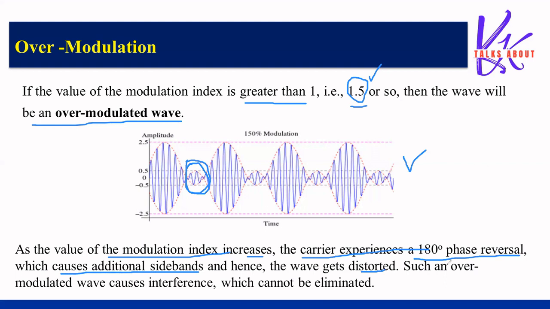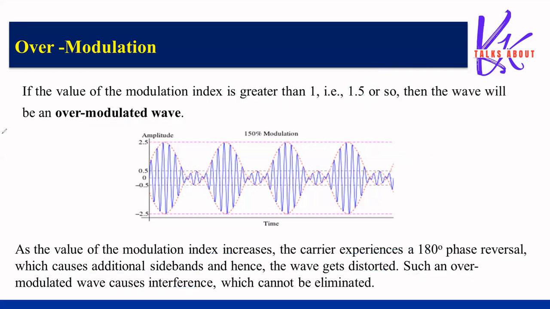Such over modulation causes interference which cannot be eliminated. So when the modulation index crosses 1, it is called over modulation, and the information cannot be retrieved at the receiver, which causes interference.